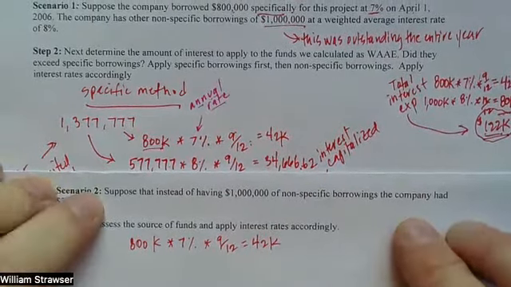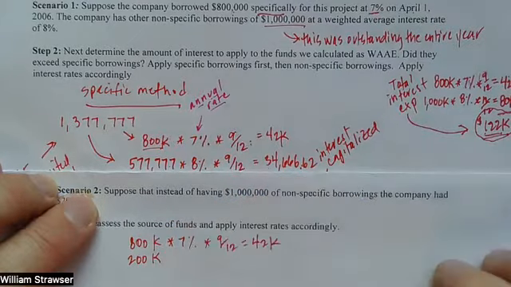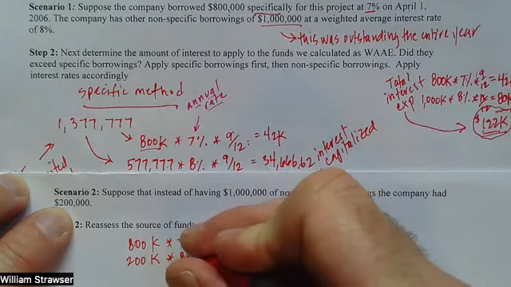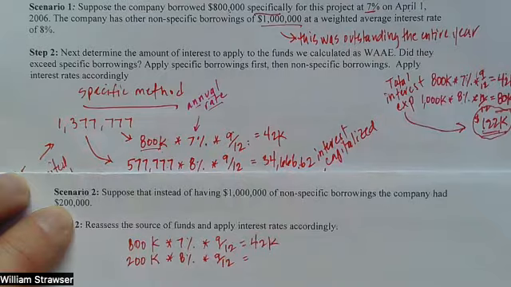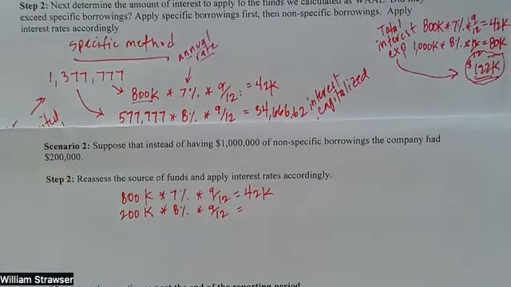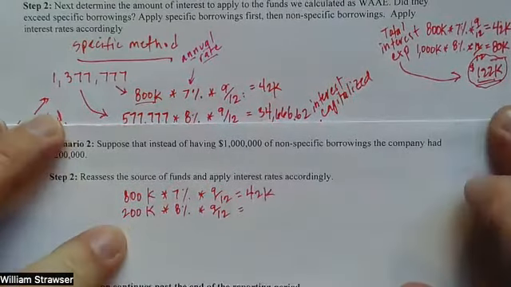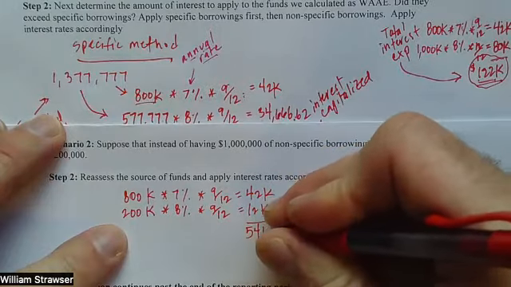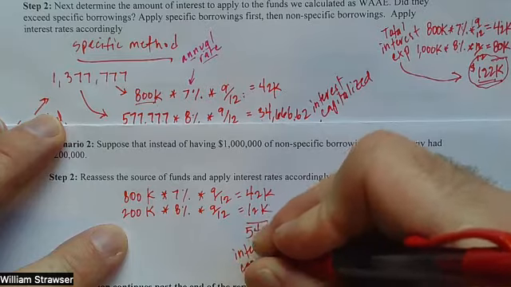But I'm limited now, not by the expenditures, but by the amount of debt I have. Only 200,000 of that is outstanding, 8% times 9 out of 12. And that is going to give me a slightly different answer. That's 16,000. Actually, I can do that in my head. So yeah, that's 16,000. And then 3/4 of 16,000 is 12,000. So that would give me $54,000 of interest capitalized.